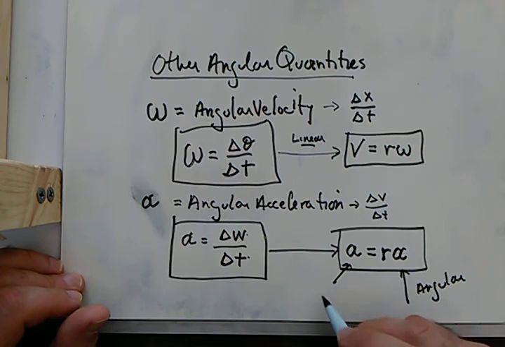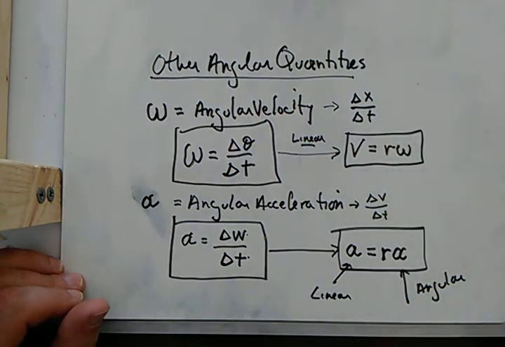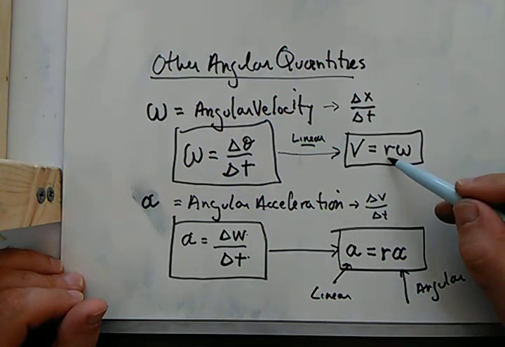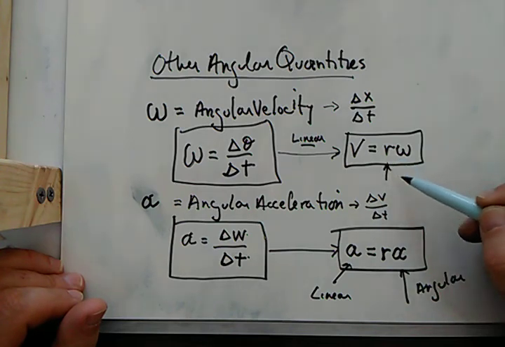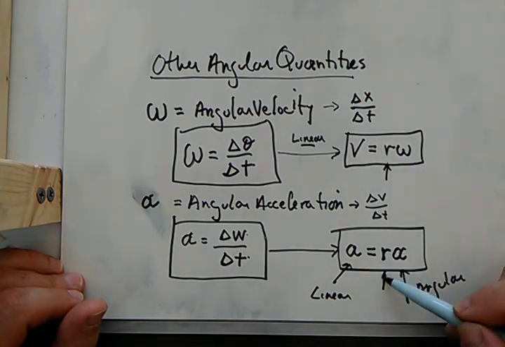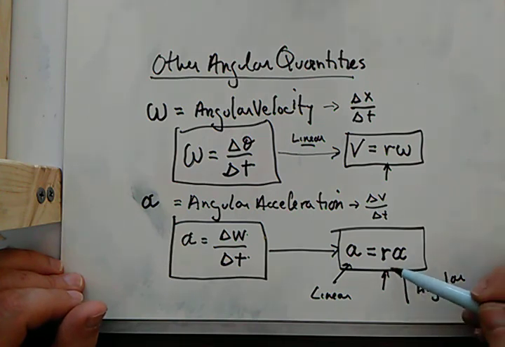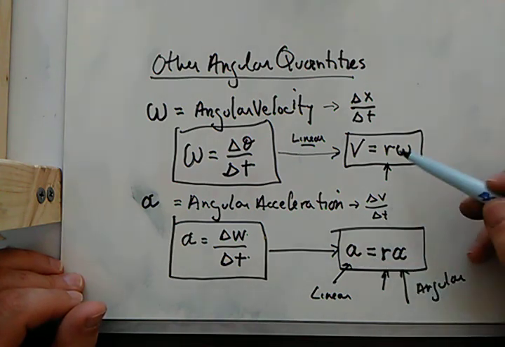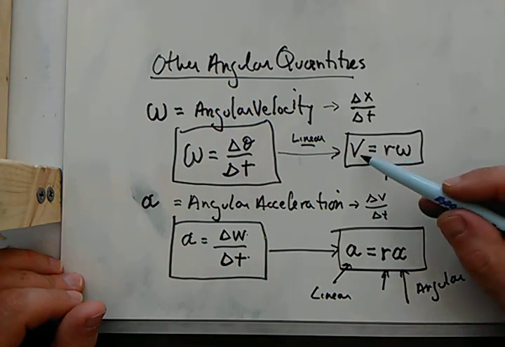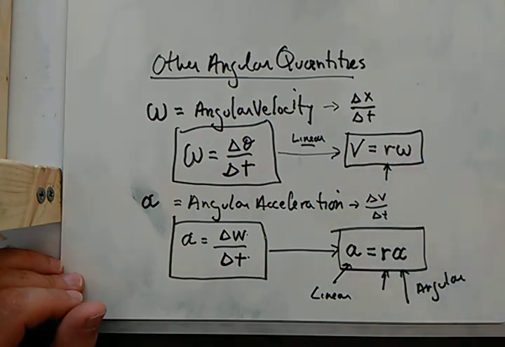This is linear. So you have these two formulas to convert back and forth from linear to angular. And you see how it depends on the radius. The bigger the radius, the bigger the linear acceleration. The bigger the radius, the bigger the linear velocity.